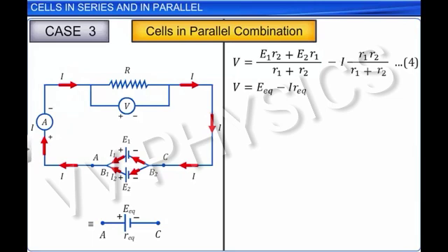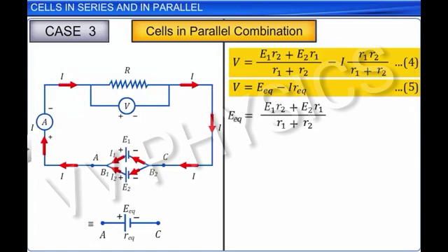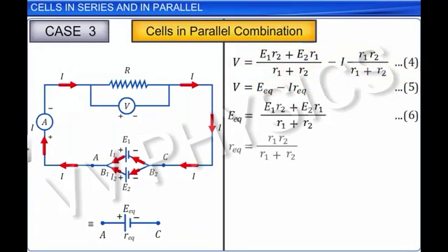From equations 4 and 5, we can write EEQ equal to E1 R2 plus E2 R1 divided by R1 plus R2. Let this be equation 6. REQ is equal to R1 R2 divided by R1 plus R2. Let this be equation 7.